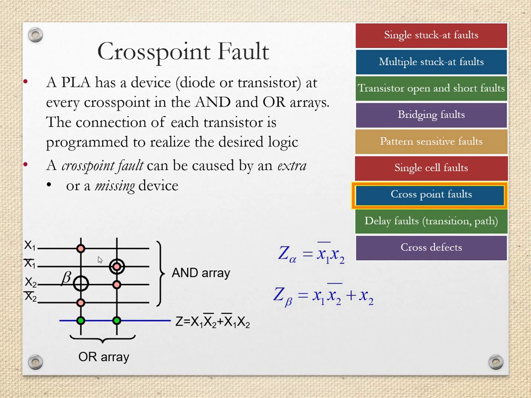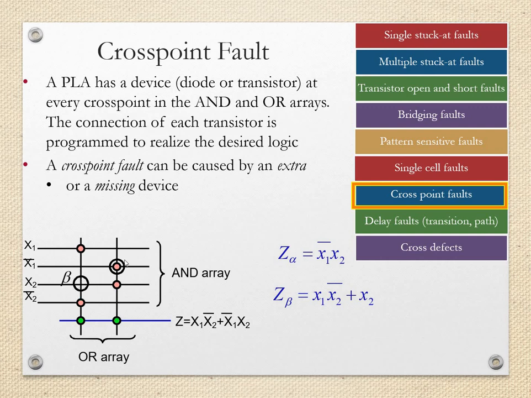So we have the connection for x1 and then x2 bar. Okay, so that will result into the first term. And you can see there is one additional connection over here, that is beta. So this Z beta is x1 x2 bar or x2, because this is one additional or extra connection over here.